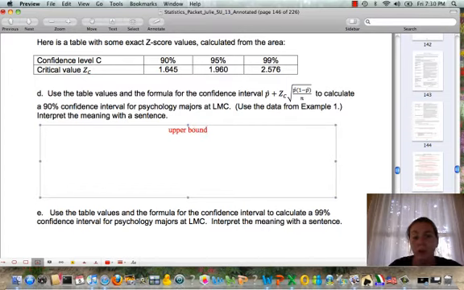So our upper bound is going to be 0.17 plus 1.645 times our 0.0208 estimated standard deviation that we calculated before. And then when we total this up, we get 0.204216.